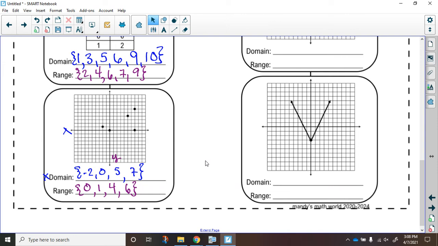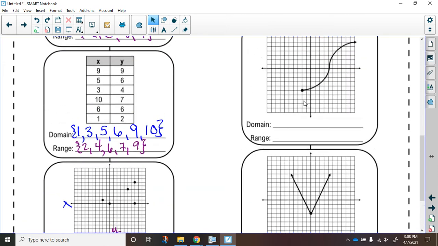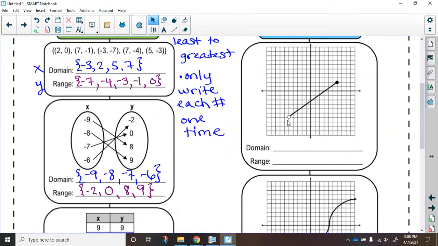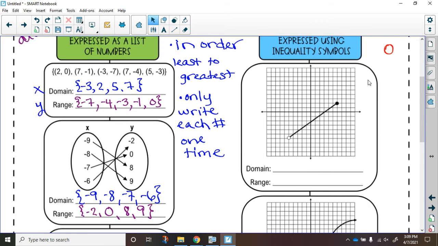So let's take a look at our graphs whenever we have a continuous function. So for these, we want to see a line on our graph. And again, we're going to be using inequalities. Keep in mind that whenever I have an open circle, this represents less than or greater than.